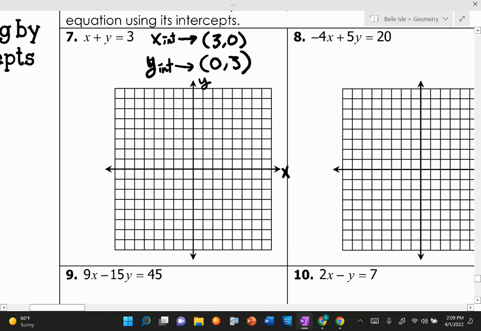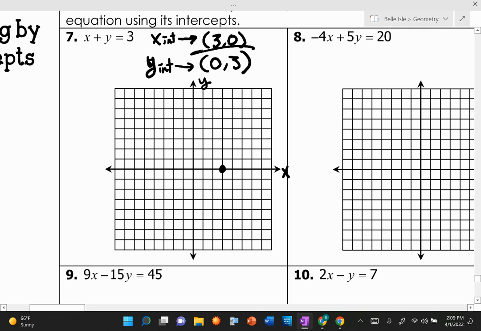From the origin, I'm going to do my x. I'm going to go to the right 3 because the x is my side to side, and the 0 tells me not to go up or down. It just tells me to stay at 0. So that's my x-intercept right there.